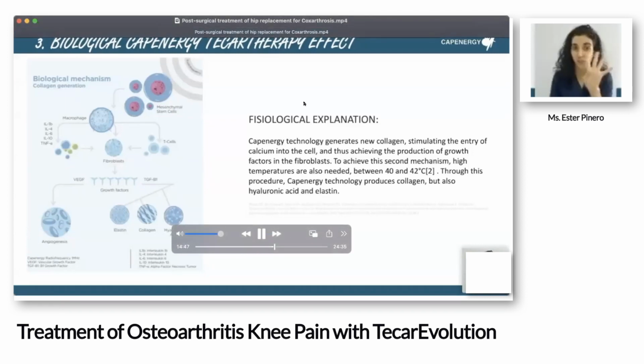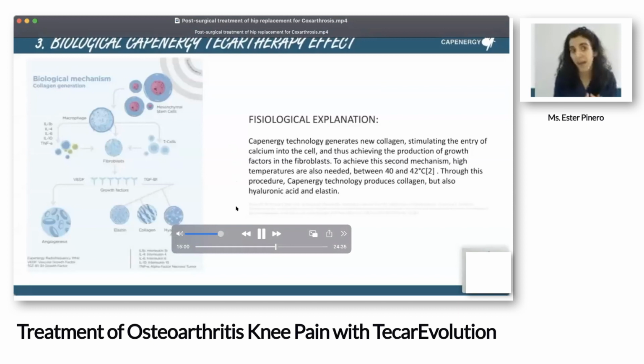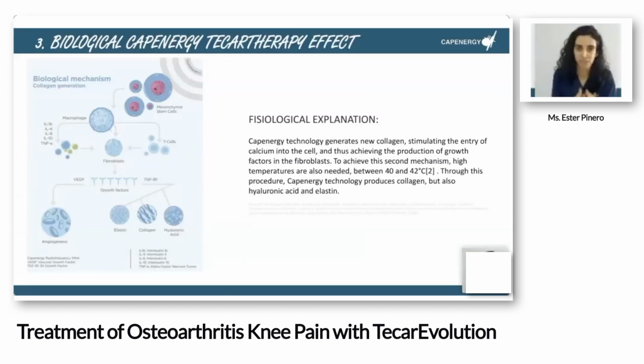Then with these 4 points, we have reduction of the inflammation, reduction of the pain, and we can have better nutrition of all the joint. With all this, I can have a better recovery of the lesion, the pathology I have.